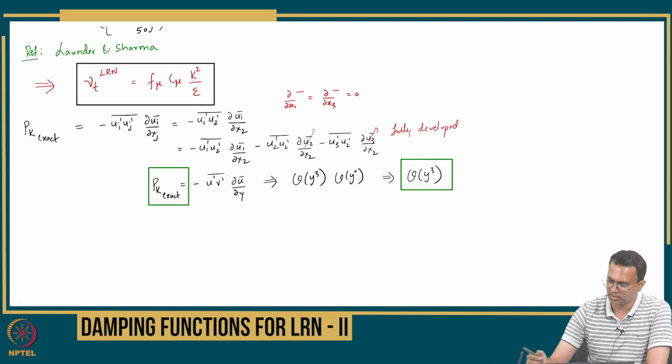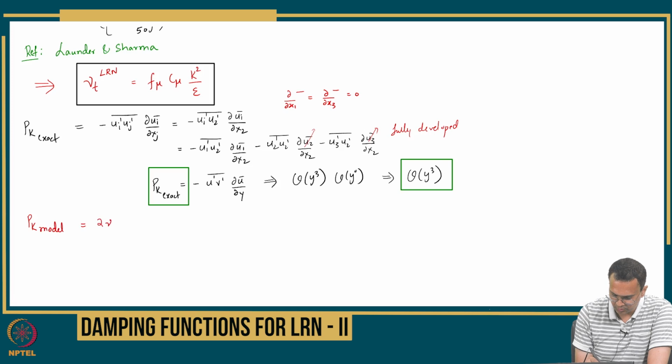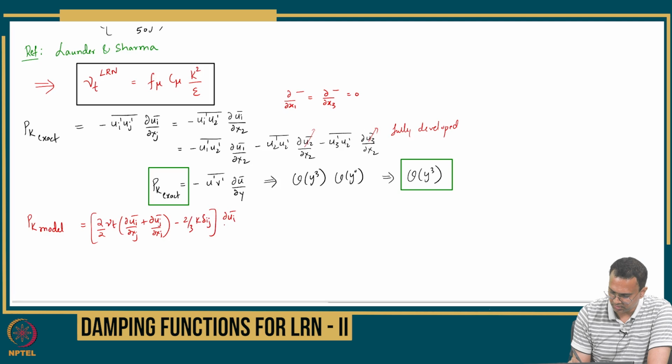Okay, so now let's see what is Pk model. For Pk model, we used the Boussinesq, which is 2 nu t Sij, where Sij is dou ui bar by dou xj plus dou uj bar by dou xi, minus 2/3 k delta ij, times dou ui bar by dou xj.